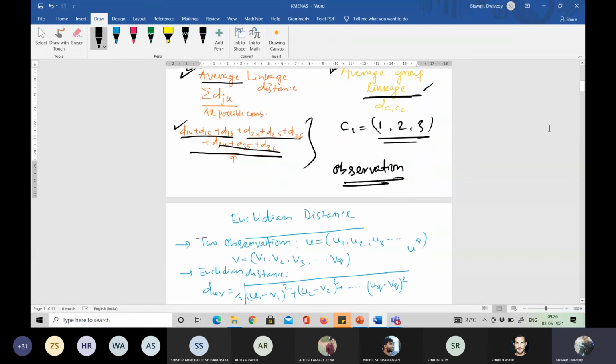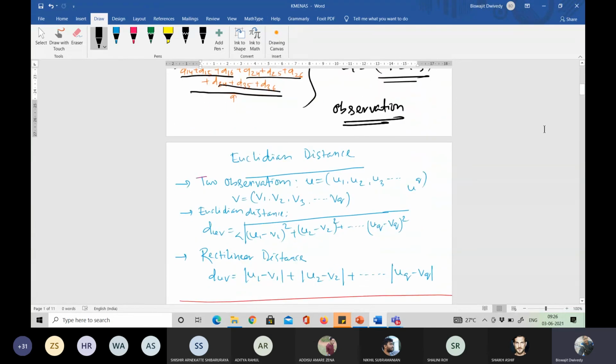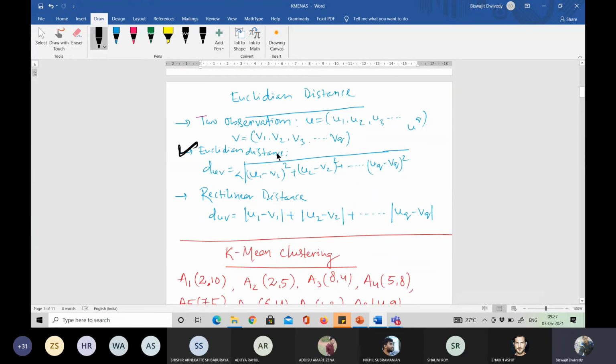Then usually two types of definitions are used. First is your Euclidean distance. Here one observation is u, which is denoted by u1, u2, and so on. These are the coordinates, so this is basically a multi-dimensional point: u1, u2, u3 up to uq.